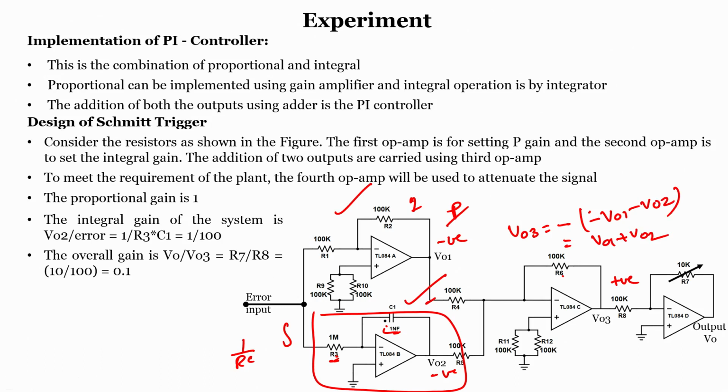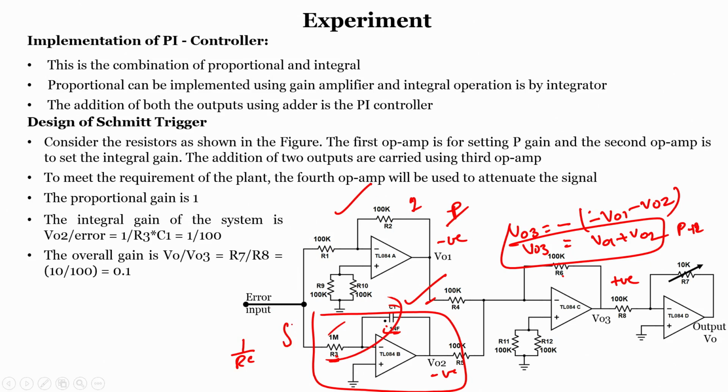So we are getting V03 as the required PI controller output, but what value it will be depends entirely upon the gain that we are setting here.